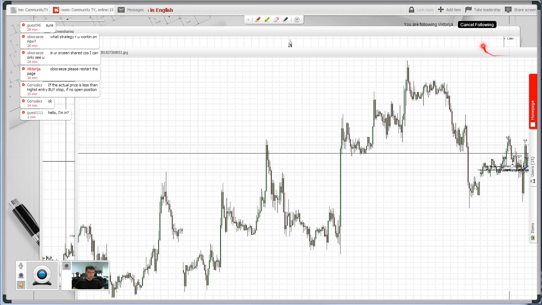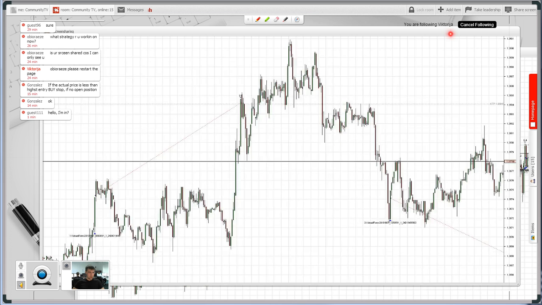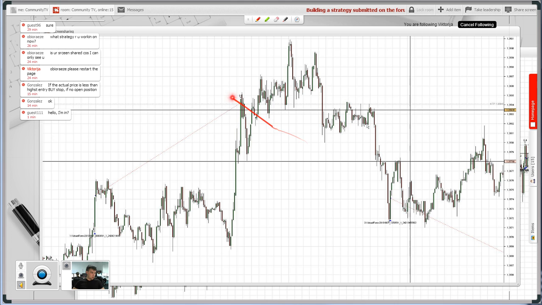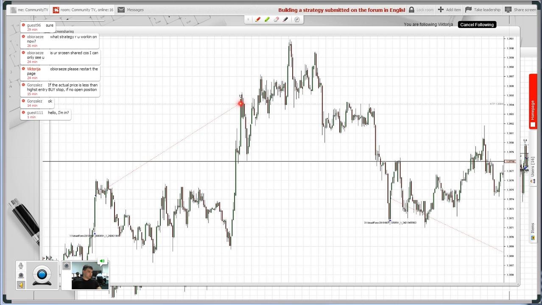Whoa. What's happening? Charts communicate. So first position was closed at take profit. Then strategy was waiting for price to go below the level. It happened here. Here it placed buy order.